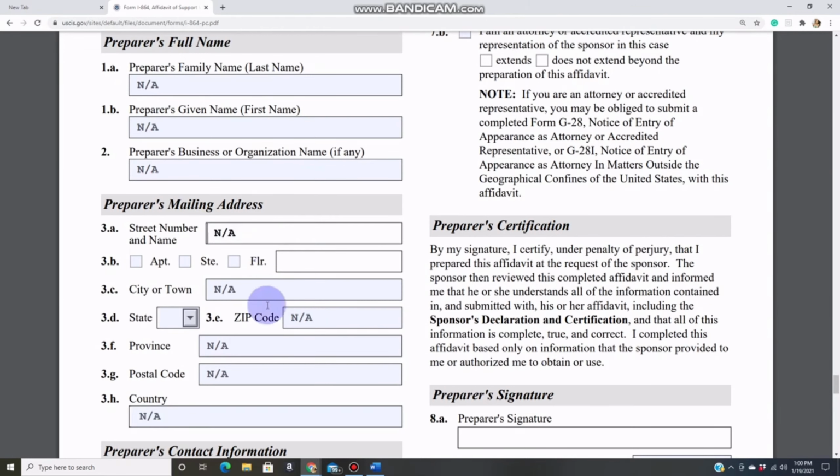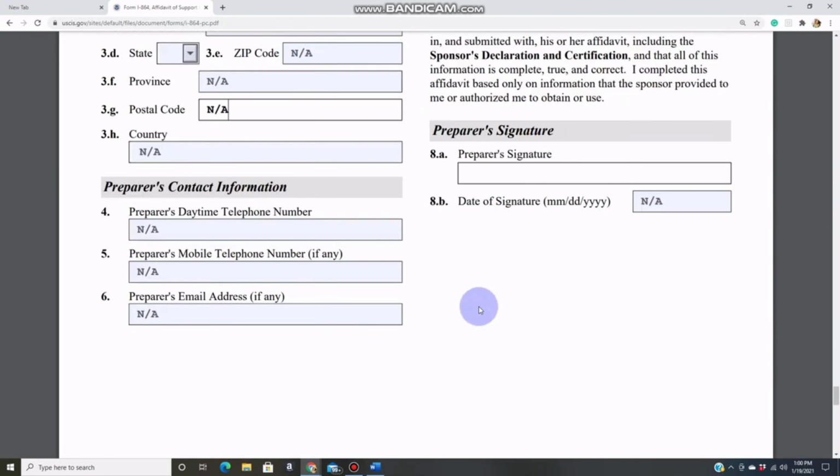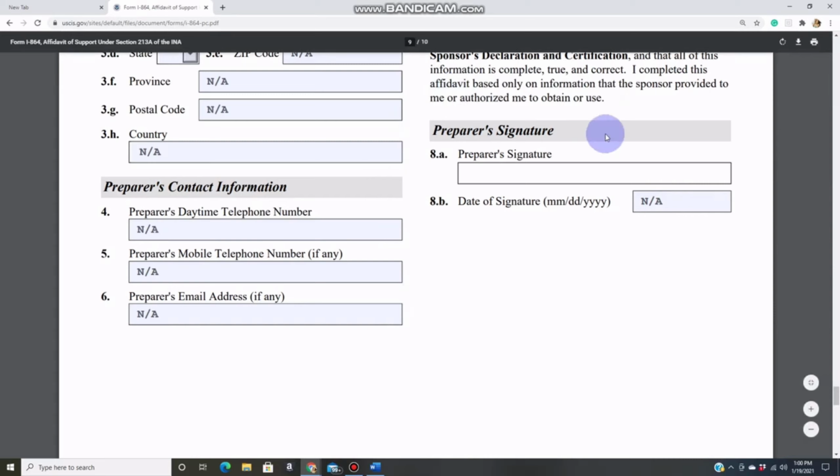Write in NA if these are not applicable for you. So, of course, the signature of the preparer, I write in NA because we do not have a preparer. My petitioner, my derivative sponsor, did not have any preparer. Okay?